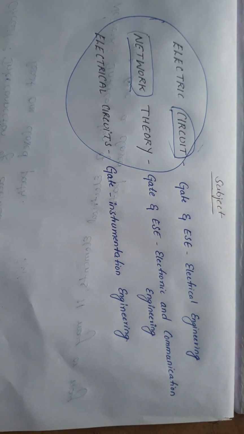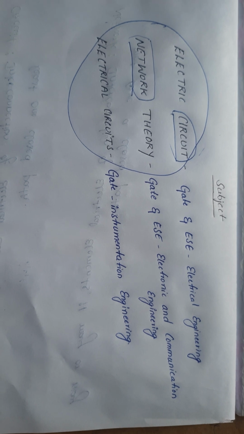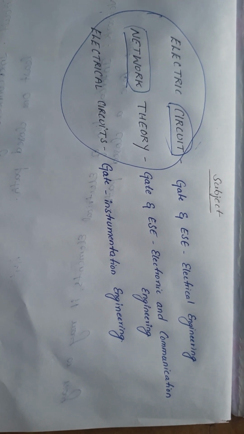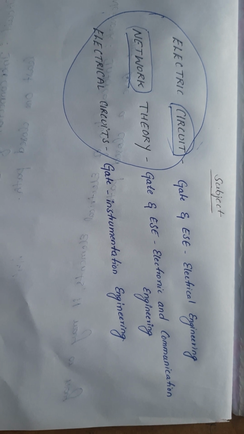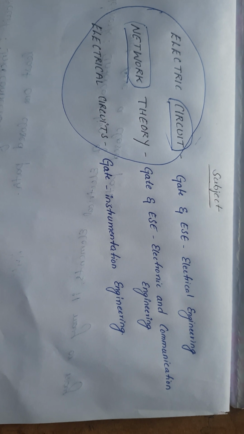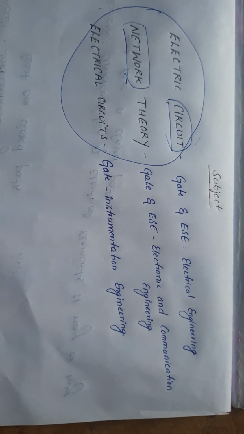For ECE, the subject title is network theory. For instrumentation, the subject title is electrical circuits. The three branches have different titles, but the syllabus is almost the same for all three branches.